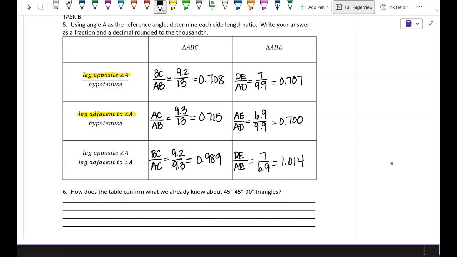So how does the table confirm what we already know? The table confirms that the legs of a 45, 45, 90 triangle are congruent.